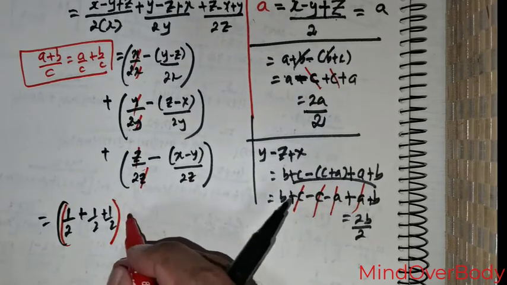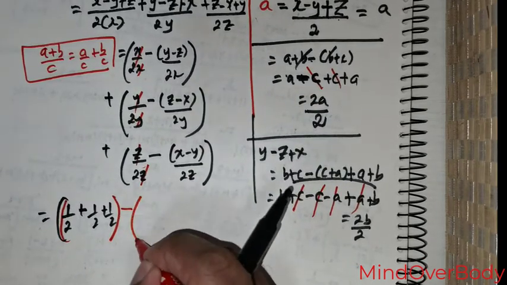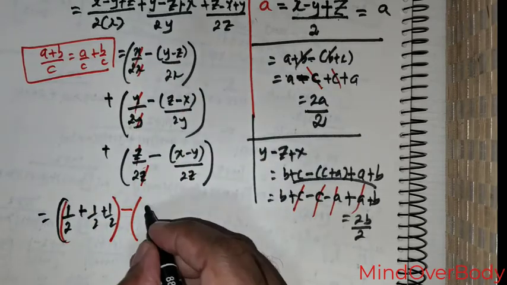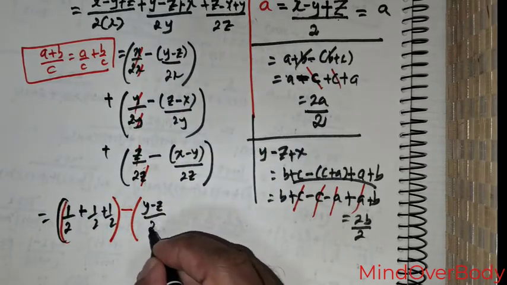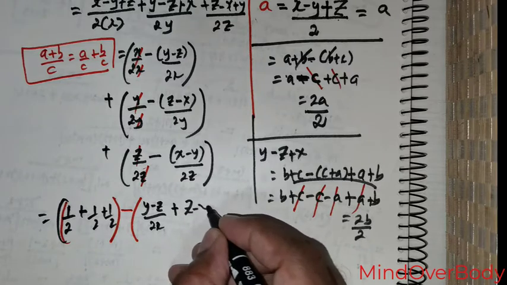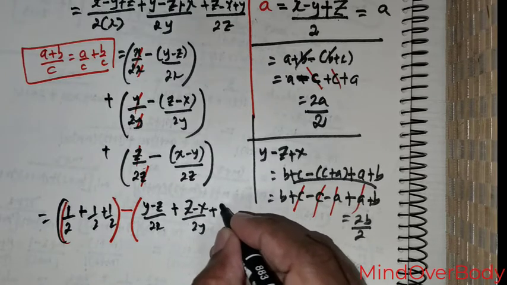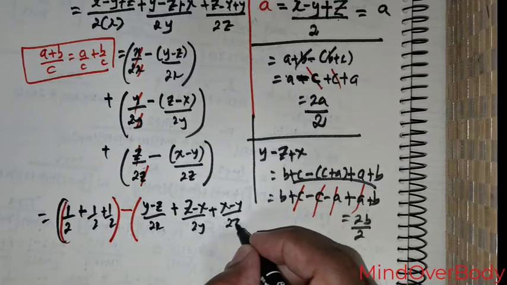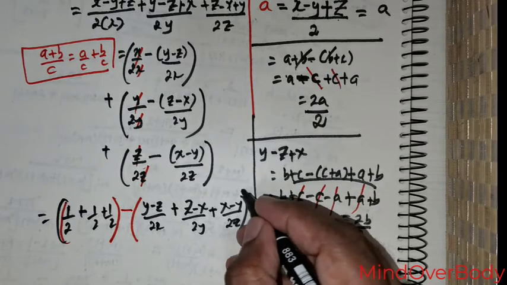So that's going to be a huge negative here. And then I've got these terms. So it's going to be y negative z divided by 2x. I take the negative sign out, so it's going to be positive z negative x divided by 2y, positive x negative y divided by 2z. This is what I've got.